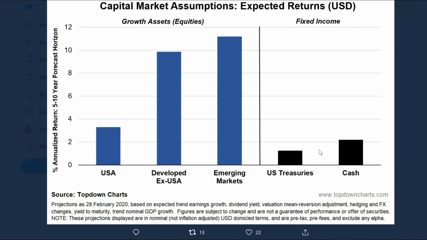They use it as a reference point to put together a benchmark asset allocation which is designed for a 5 to 10 year time frame. A lot of those funds would do set and forget. They might set their asset allocation based on these inputs and then leave it that way, or they might dynamically allocate around it. But anyway, we've got here expected returns over a 5 to 10 year time frame.